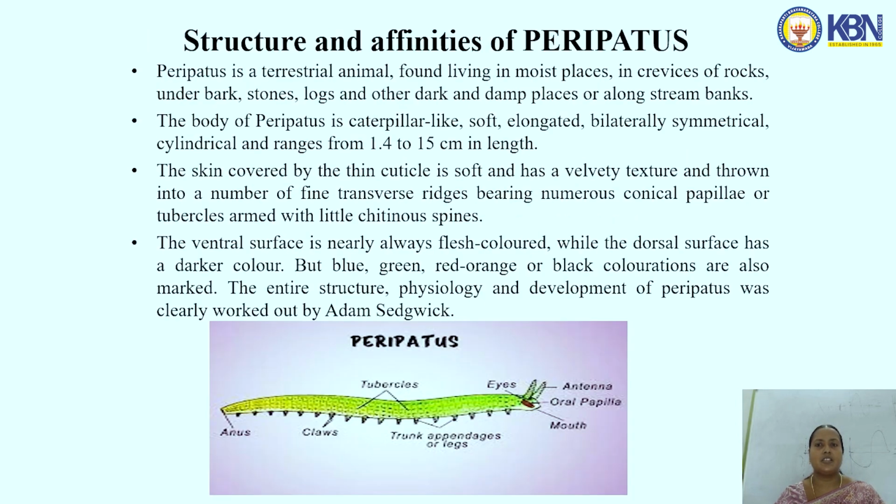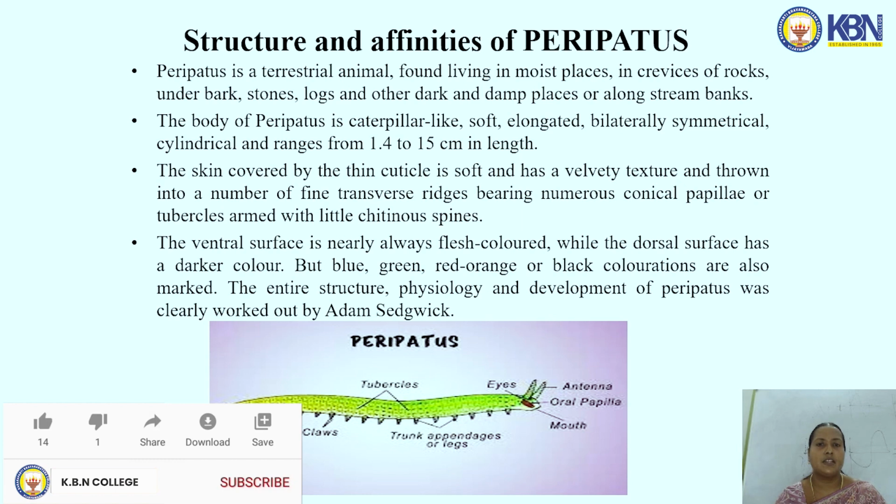Structure and affinities of Peripatus. Peripatus is a terrestrial animal found living in moist places, crevices of rocks, under bark, stone, log, other dark and damp places or along stream banks. The body of Peripatus is caterpillar-like, soft, elongated, bilaterally symmetrical, cylindrical and ranges from 1.4 to 15 centimeters in length.